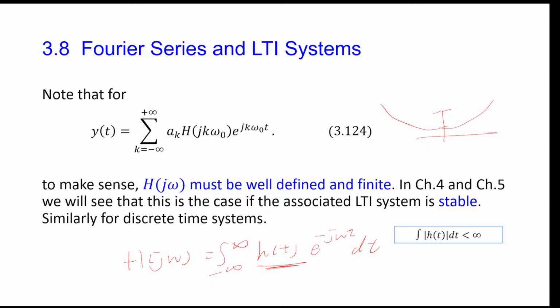And you can see that it makes sense here, because if the integration of the absolute value of h over minus infinity to plus infinity is finite, then when you add the phase factor, the integration should still be finite. If it is not finite, obviously this thing will diverge at omega equals 0.